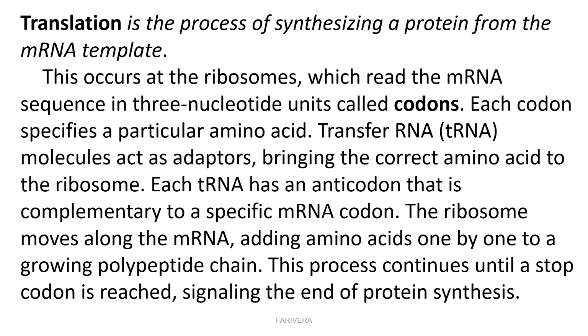Transfer RNA, or tRNA, carries specific amino acids. Each tRNA has an anticodon that pairs with the corresponding messenger RNA codon. The ribosome moves along the mRNA and links amino acids together. The growing chain eventually forms a protein. So transcription, DNA to RNA. Translation, RNA to protein.